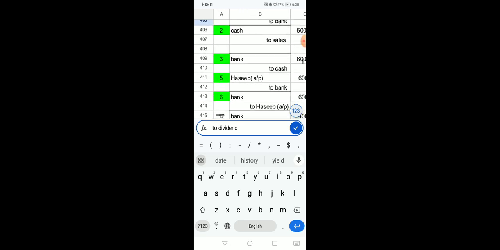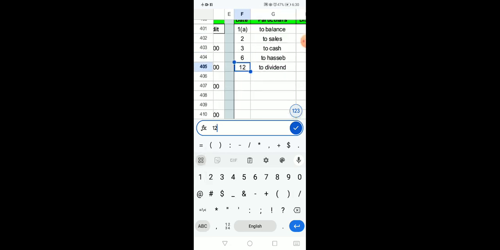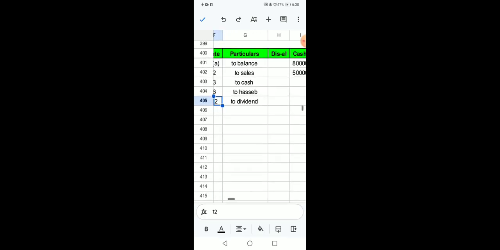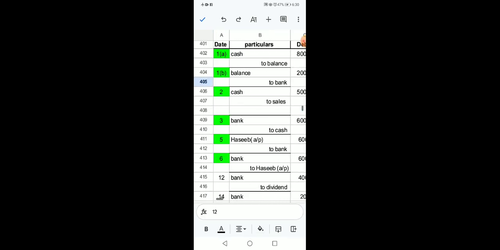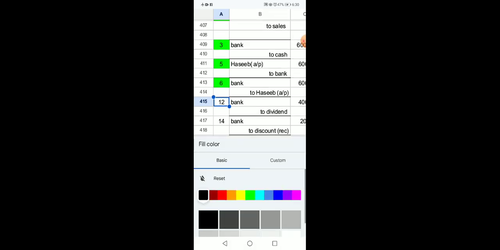And now see the date of dividend, which is 12. Post date over here. All right. Dividend is posted on debit side of the bank. It has been completed. There was only one element, bank. Bank has been posted. It means 12th entry has been completed. Mark it as it has been done.